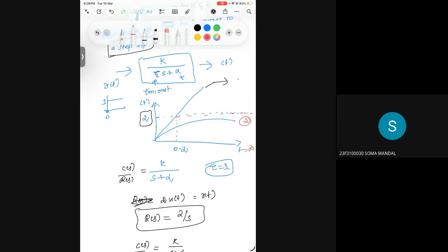What other information do we have? Two is the steady state value. I'm missing something here. Point 2. Yeah, we can consider that.